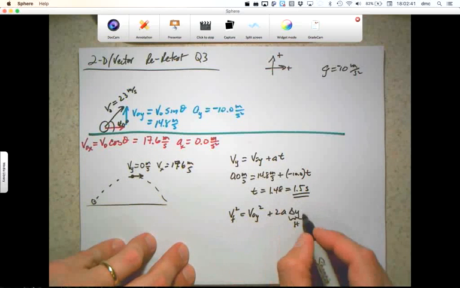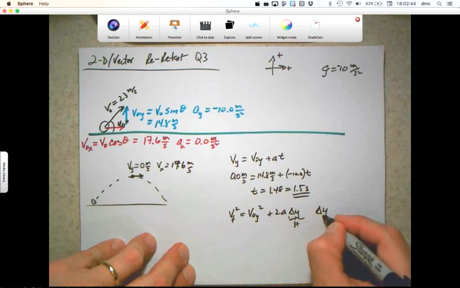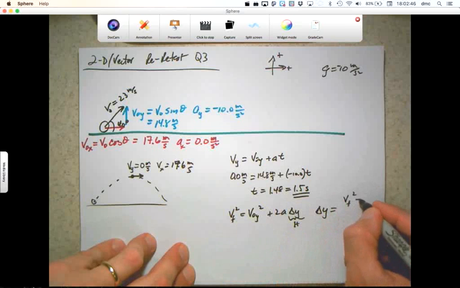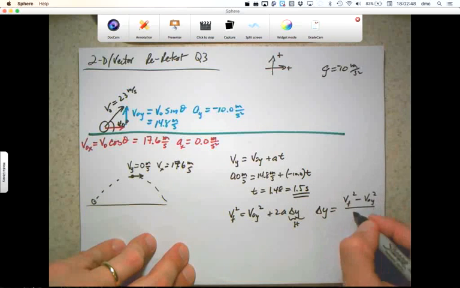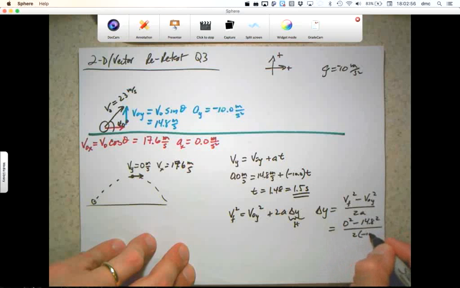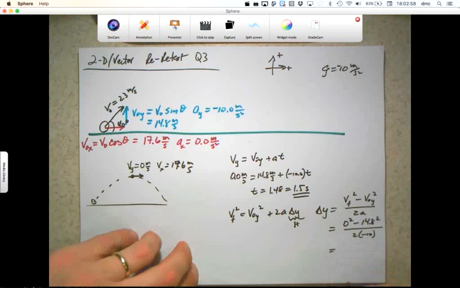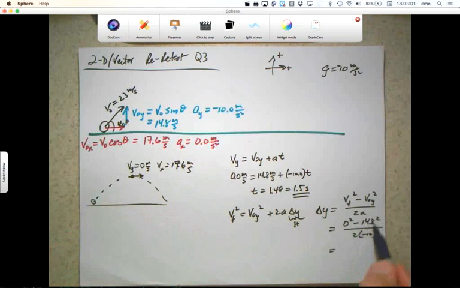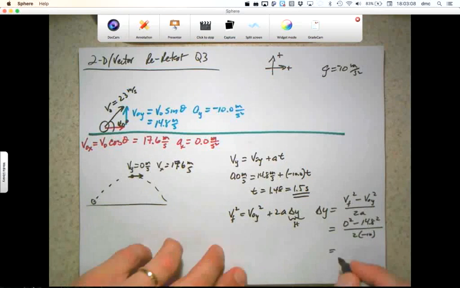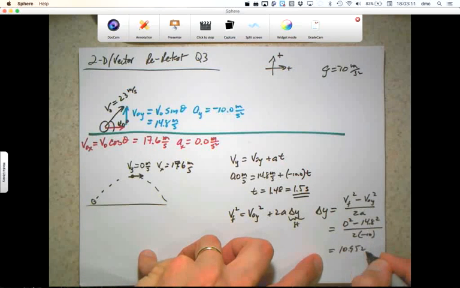So just solving for delta y first, delta y equals v final squared minus v initial squared divided by 2a. So that gives me 0 squared minus 14.8 squared divided by 2 times negative 10. So that displacement is negative divided by negative, so it's 14.8 squared divided by 20, which gives me 10.952, which rounded to the nearest tenth bumps me to 11 meters.